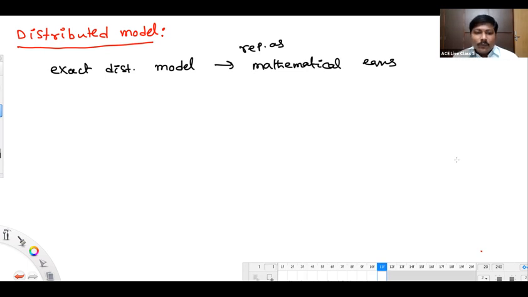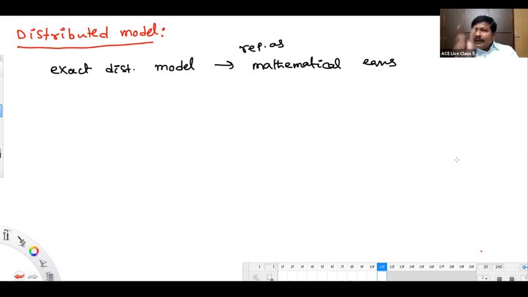But for the approximate sake, just listen to me. For approximate sake, what we'll suggest is, in case of distributed model, the total length of the line you divide into a number of small sections. Let's say 200 kilometers length. I made 200 sections, each section 1 kilometer.